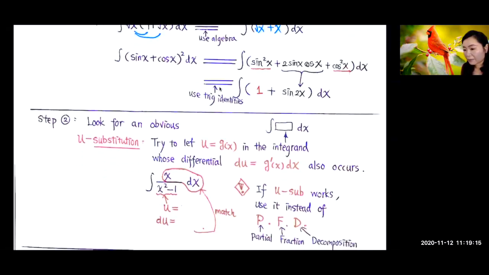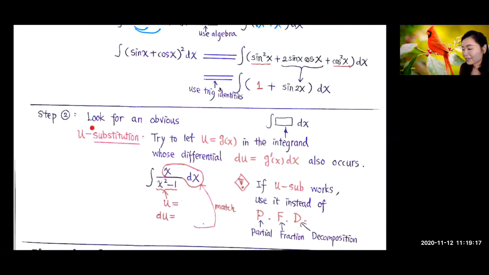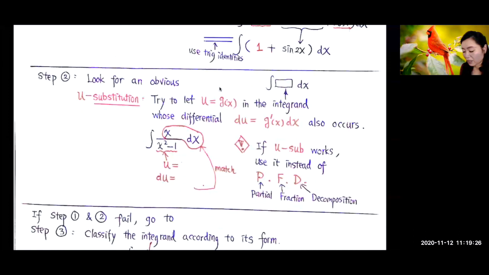The second step over here, the easier method, is the u-sub, okay? So we try to look for an obvious u-substitution. When you choose a u, you try to let u be a function in this integrand whose differential also occurs.